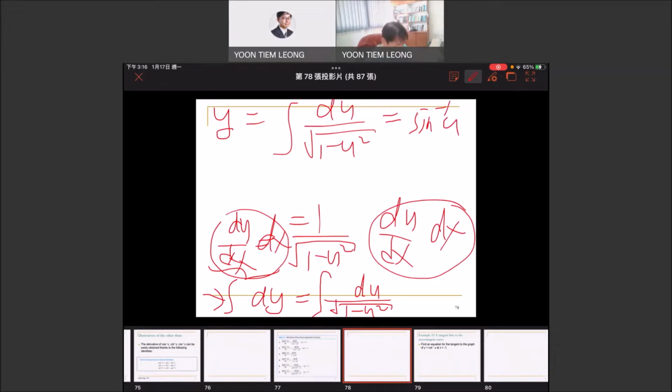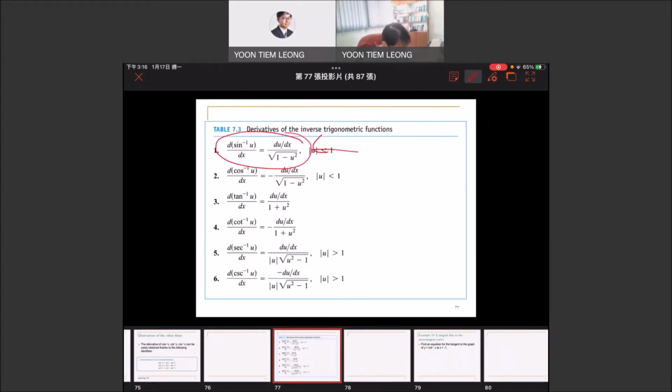But since this indefinite integral represents the collection of all antiderivatives, I have to add a constant on the right hand side. So that is how you derive these relationships from the integration version, right?